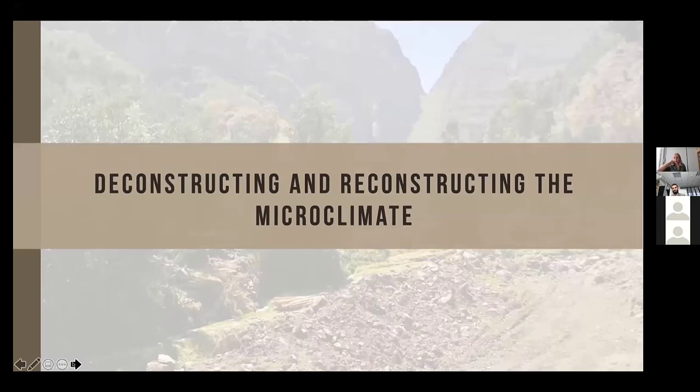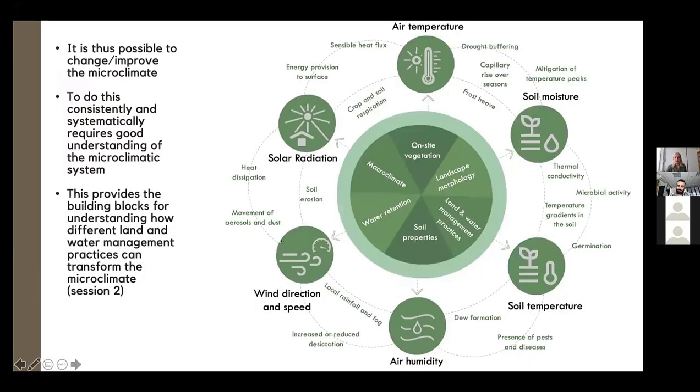Yeah, so then we'll move forward to talking more about the system itself, so the microclimate. So I showed this beautiful infographic made by Madia before already. And we now know that it's possible to actually change and improve the microclimate.